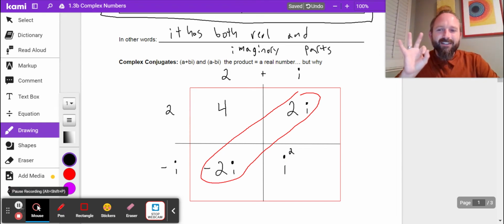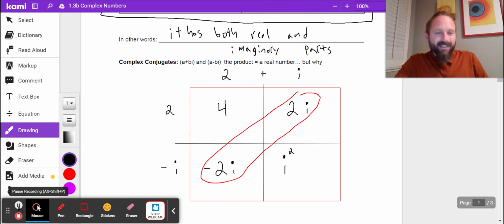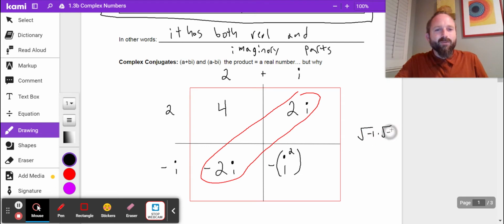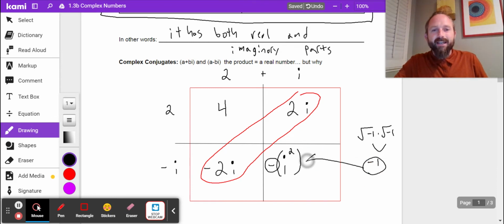Give you a second, in 3, 2, 1. Well, i times i is going to give us negative 1. Because we have that negative 1, and since there's a negative inside there, if we substitute that in there, a negative times a negative is 1. So now I have 4 plus 1 is 5.